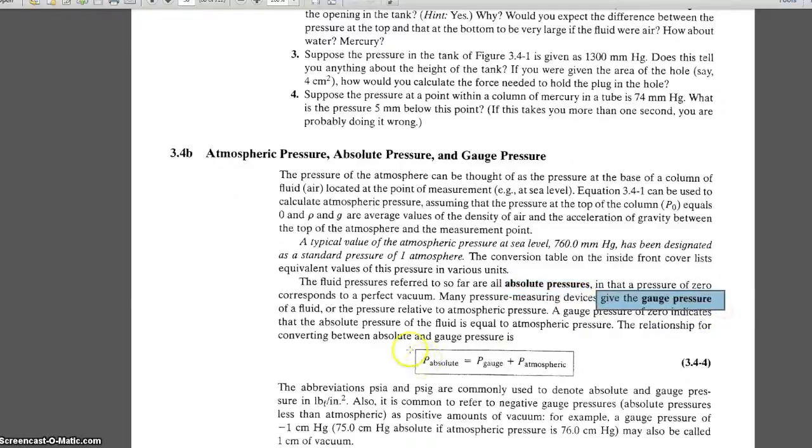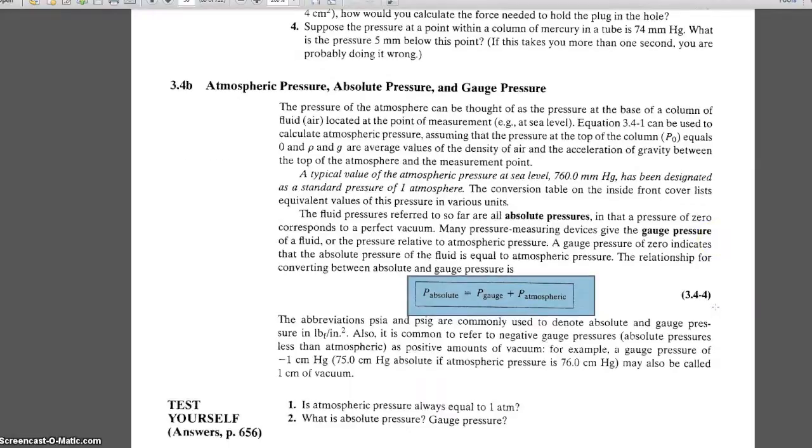So to find the absolute pressure, you have to add up the gauge and the atmospheric pressure. If the gauge shows 4 atm and the atmospheric pressure is 1 atm, the absolute pressure is 5 atm. That's using the gauge pressure.